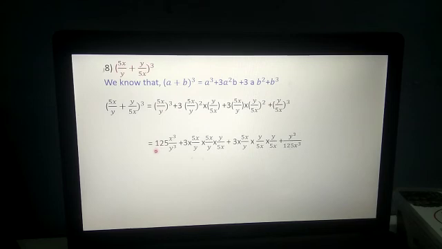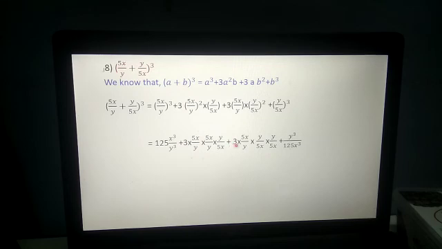5 cube means what? 125, and x cube means x³/y³, plus this 3 is as it is written, 3 into 5x/y we have written here twice because it is a square. 5x/y into 5x/y, then into this y/5x we have written.